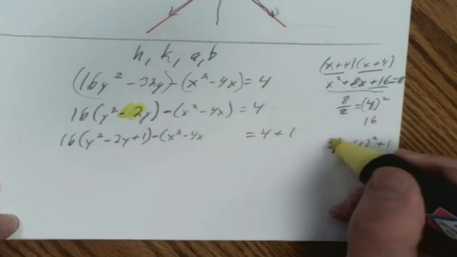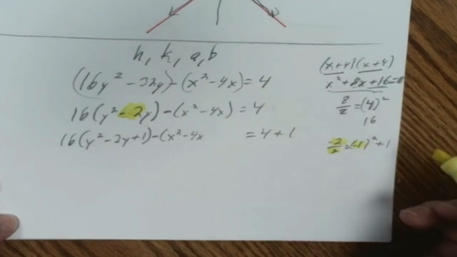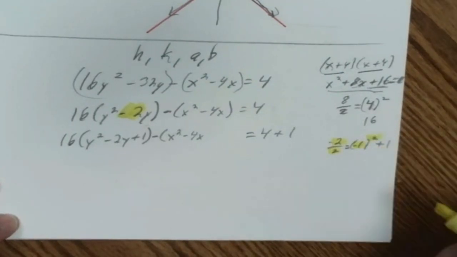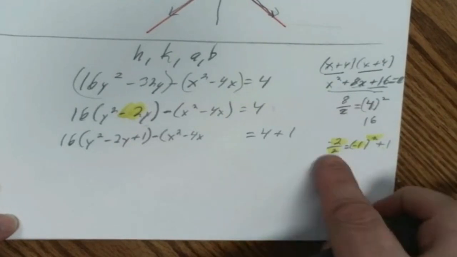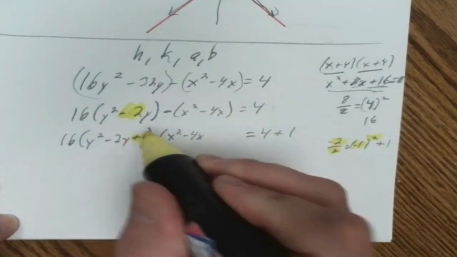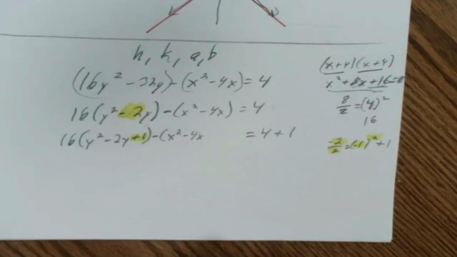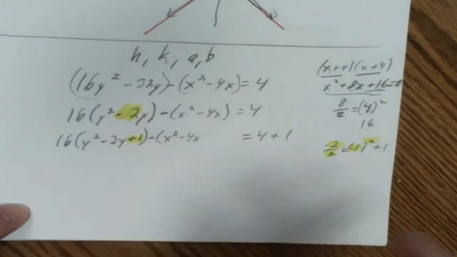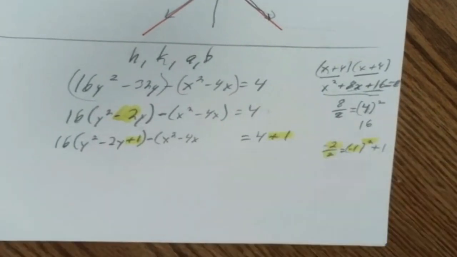Negative 2 divided by 2 is negative 1, and then we square that, so we get a positive 1. That gives us a number, and we add that plus 1 into the equation. We also have to add that to the other side, right? Because we're not trying to change the equation. If we do something to one side, we have to do it to the other side, or we've changed the equation.